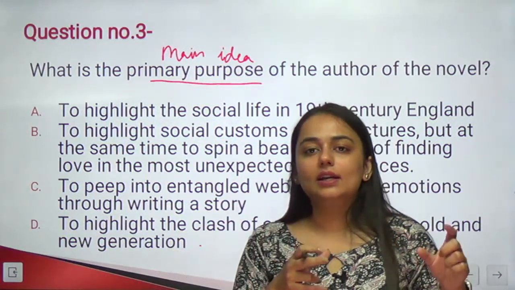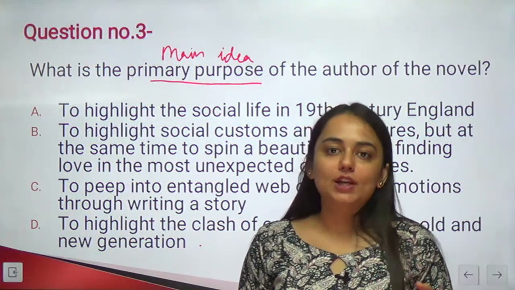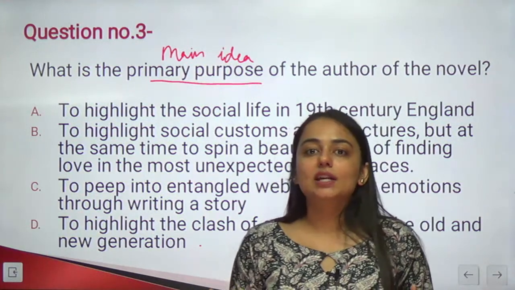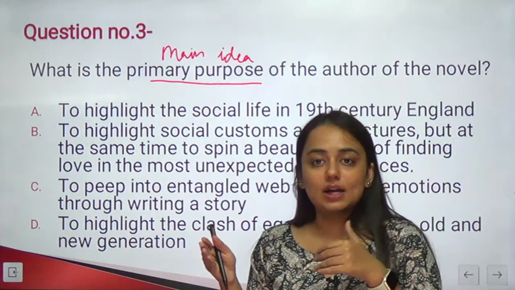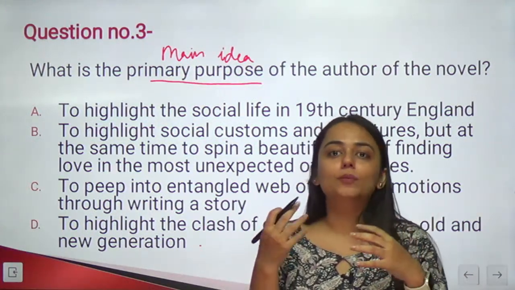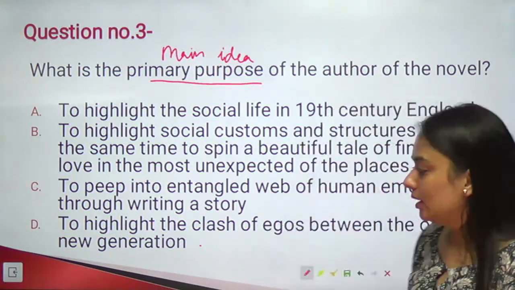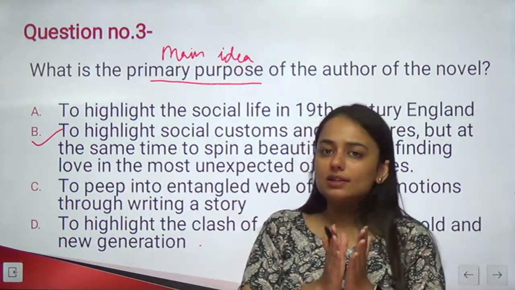The societal status, such kind of matchmaking was more important. So what was he trying to do? He was trying to show us that there were such social structures and customs which barred the girls and the boys from marrying a partner of their choice out of their own liking. So the right answer, which considers everything, is the second one.